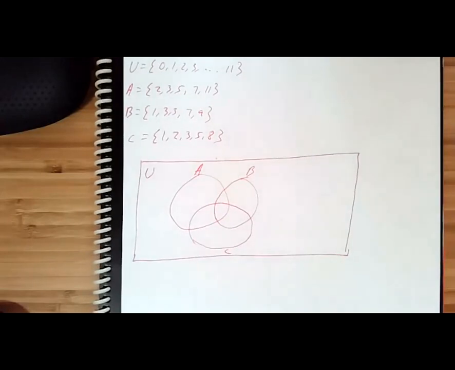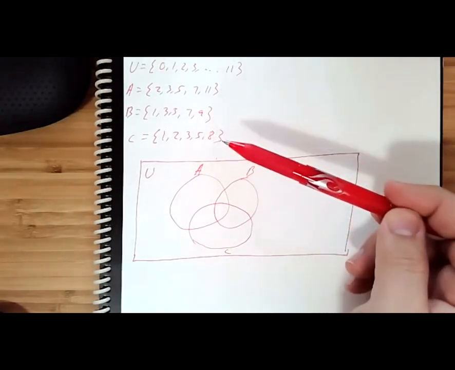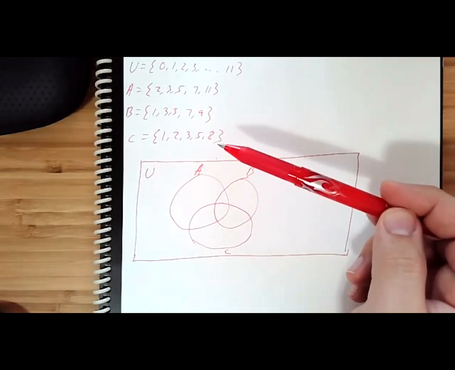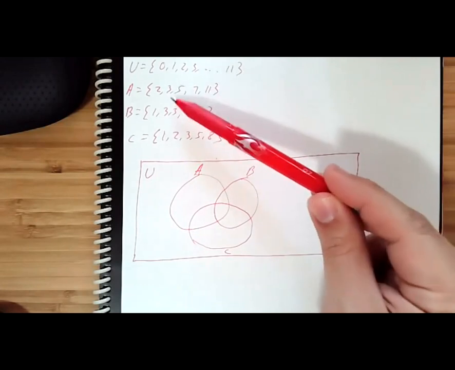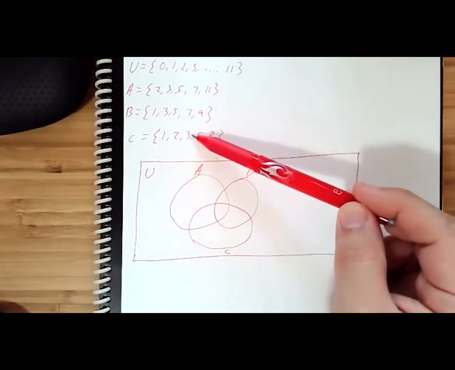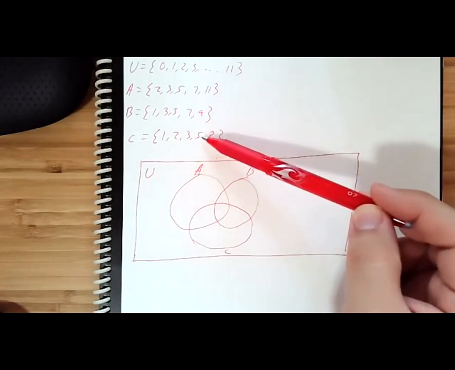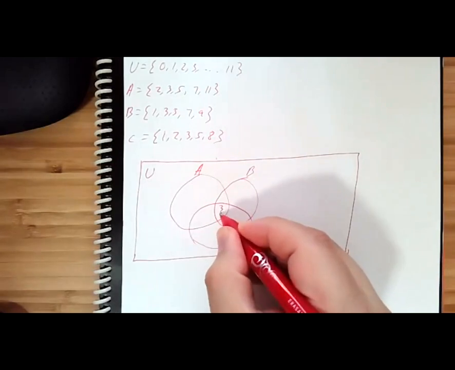We should start with that. All 3 of them. They all have 3, right? And 5. Yeah. So right in the middle will be 3 and 5.